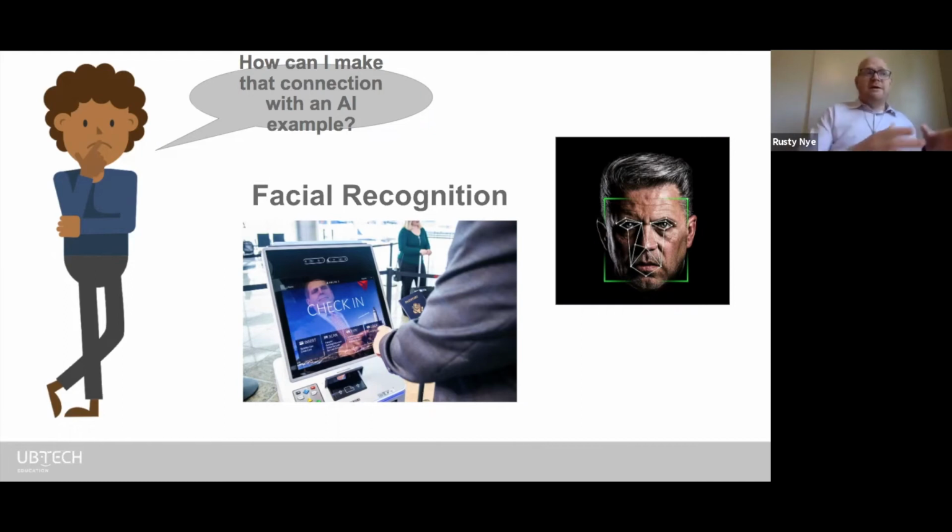So how does this relate to natural interaction? In this example, an individual could walk up, insert their passport, and the computer would verify that the passport matches the person's face in front of them. This interaction between the human and the computer becomes a lot more streamlined and a lot easier for a human to interact with.